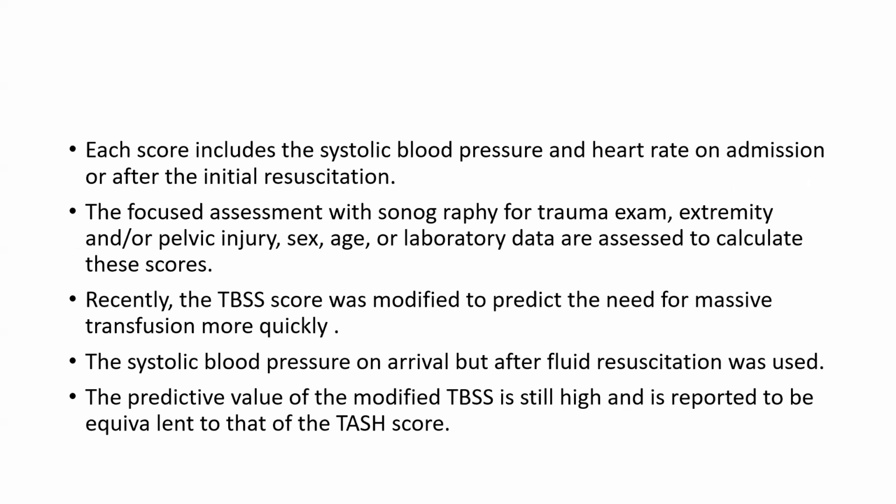The focused assessment with sonography for trauma, extremity and pelvic injury, sex, age, and lab data are assessed to calculate their score. The TBSS score was modified to predict the need for massive transfusion more quickly. The systolic blood pressure on arrival but after fluid resuscitation was used. The predictive value for the modified TBSS is still high and reported to be equivalent to that of the TASH score.